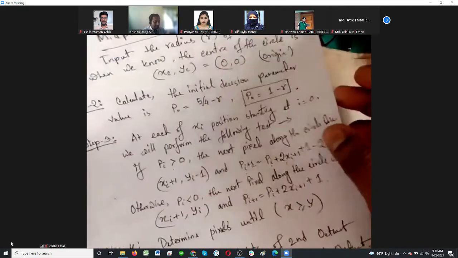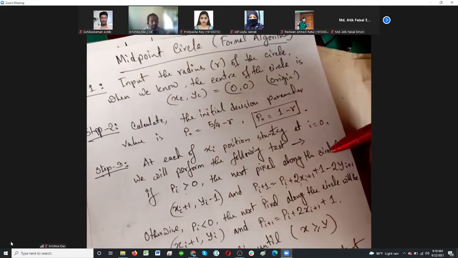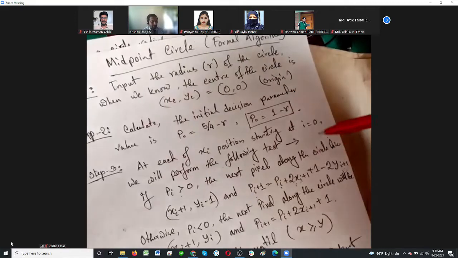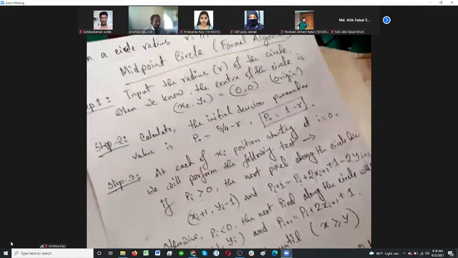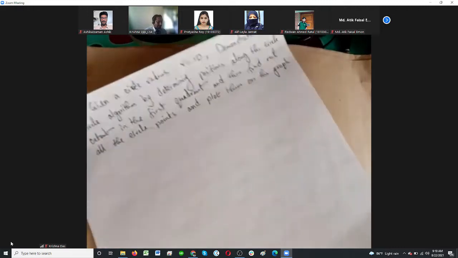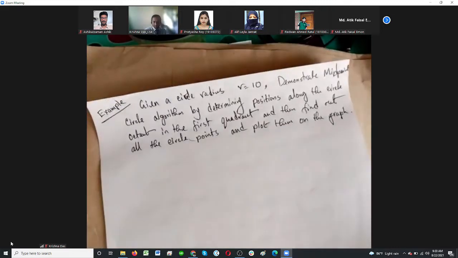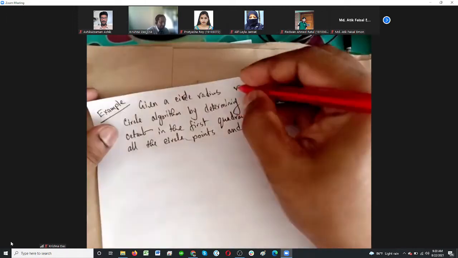But interestingly, many of you did not put the first point on the graph. You started plotting from the second point in the table, and you forgot to plot the first point. That is a very common mistake I have found. You have to put all the points so that the circle line can be seen.